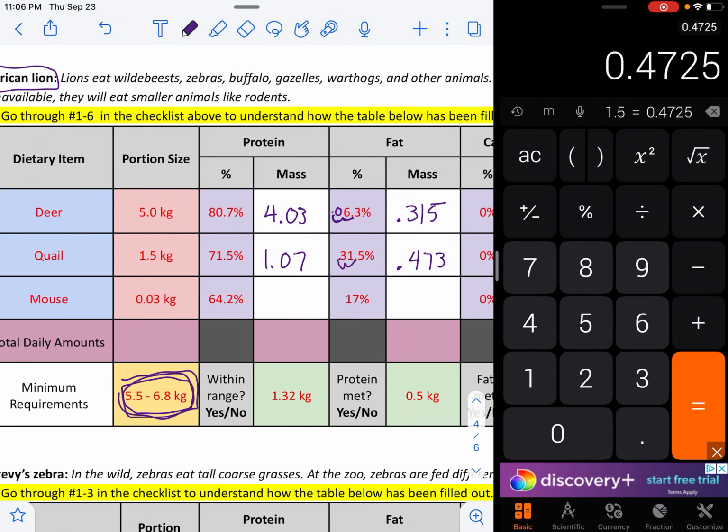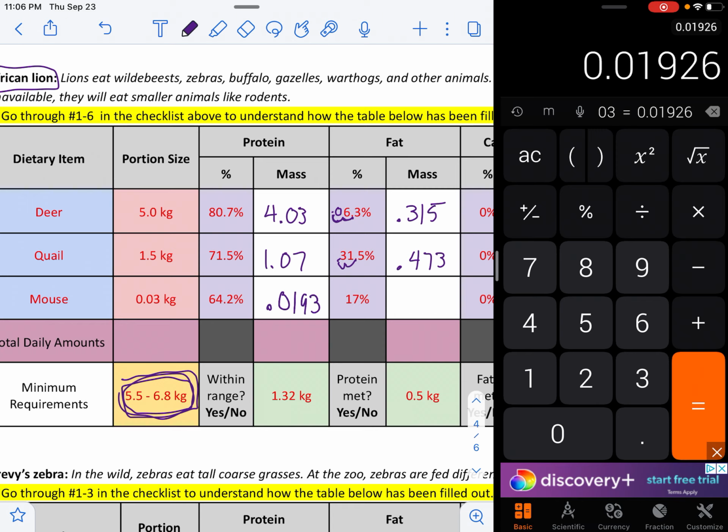So we're going to go into the mouse. Now the mouse, very tiny. That's why the portion size is much smaller. Take a look at what we got. The protein is 64.2, so that becomes 0.642. And I multiply that by the portion size, which is 0.03. And I get 0.0193.